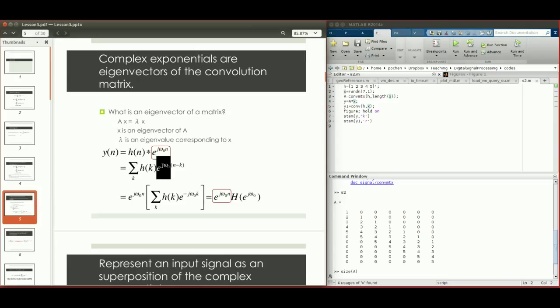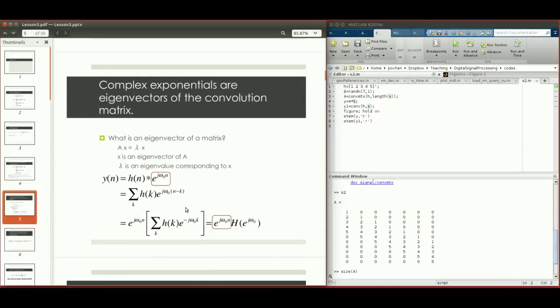But at least the j omega 0 times n does not depend upon k, so it is a factor that we can take out of the summation. If you take it out, what you get is e to the j omega 0 n, and then the stuff in the square bracket all depends upon k: h[k] times e to the minus j omega 0 k.